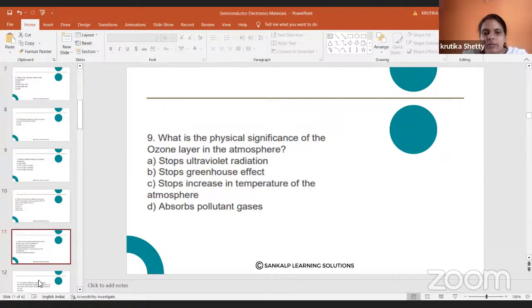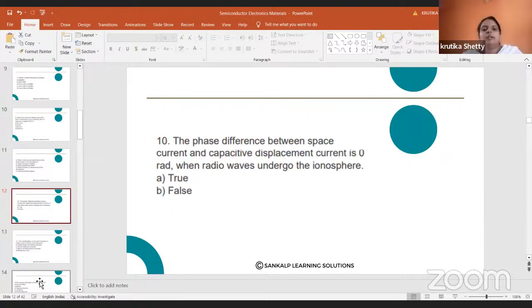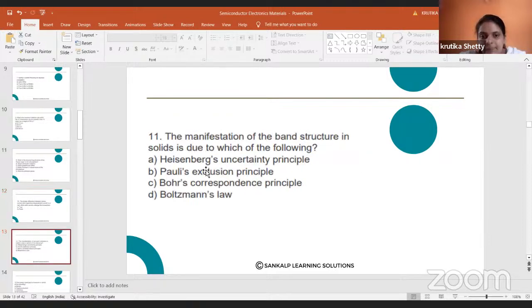So this is not related here. Okay, this question: the manifestation of the band structure in the solids is due to which of the following? Pauli's exclusion principle, Bohr's correspondence principle, Boltzmann law.